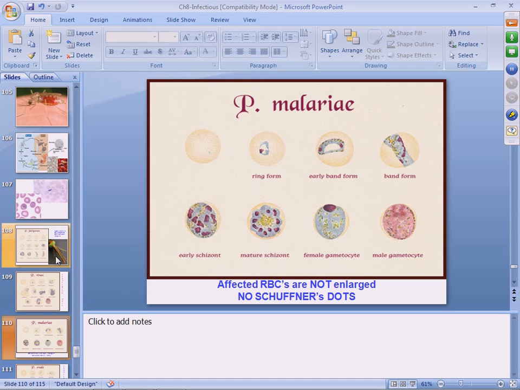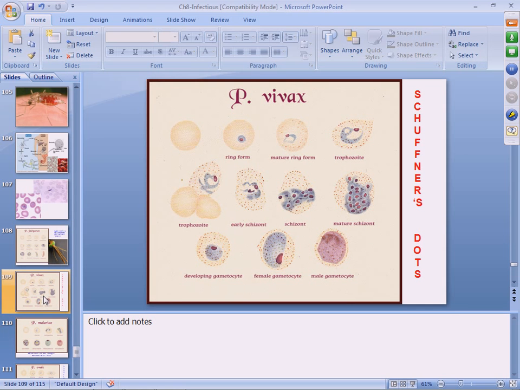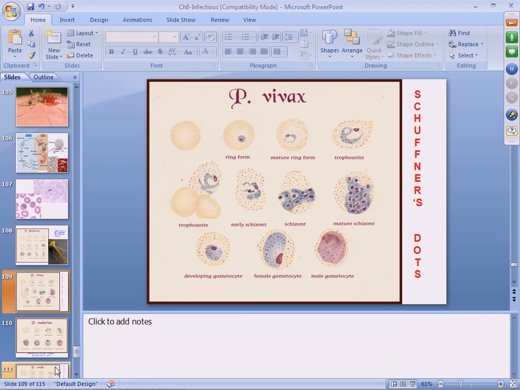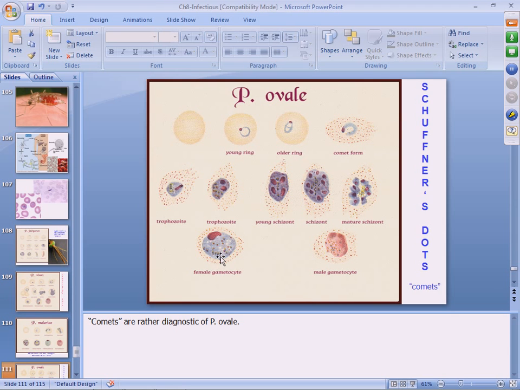So we've already talked about vivax with the Schuffner's dots, and how to differentiate it from the other one that has Schuffner's dots, ovale. Ovale and vivax both have Schuffner's dots, but ovale has this other little thing which is quite diagnostic, and it makes it totally unique from the others.